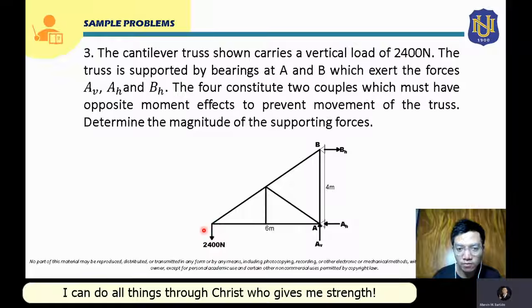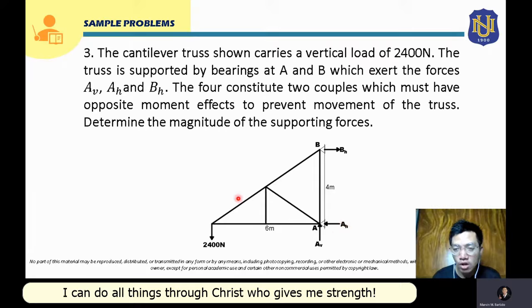So let's say for this 2,400 Newton force and AV, they will produce a couple. This will produce a counterclockwise moment effect, right? Meaning the other couple that will be produced should produce a moment that is opposite in direction to the first couple.